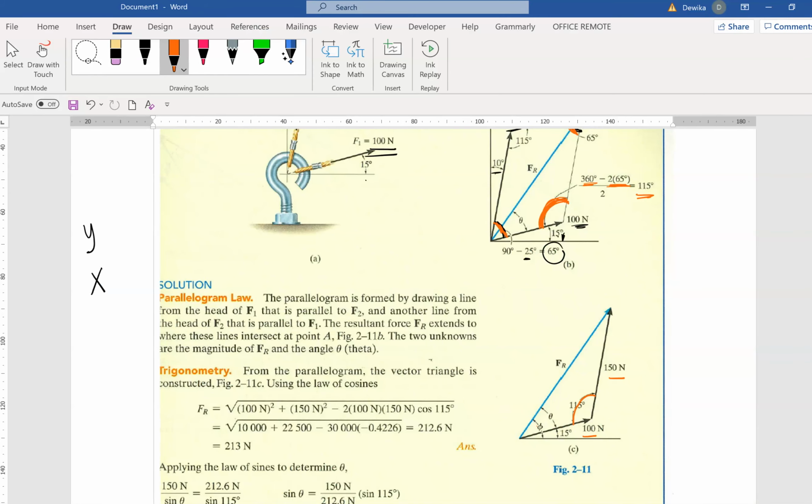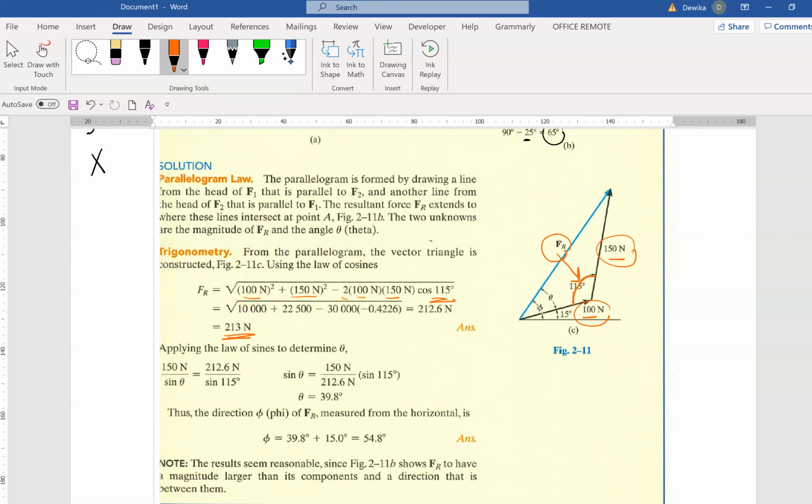Using your cosine law, we have 100 square plus 150 square minus 2 times 100 times 150, and the opposite angle for your force resultant will be 115. You solve using your calculator, you get the resultant as 213.